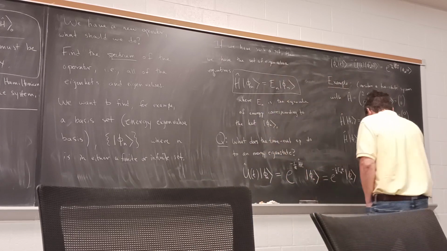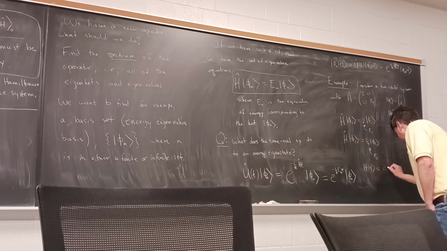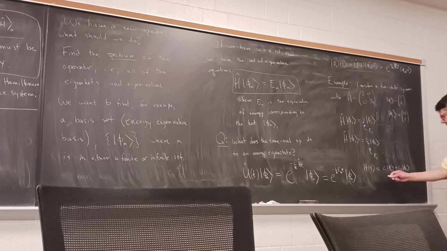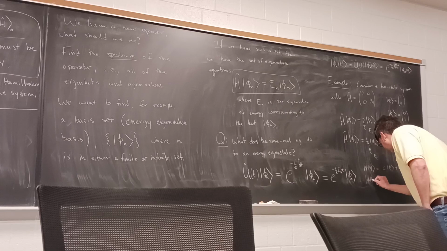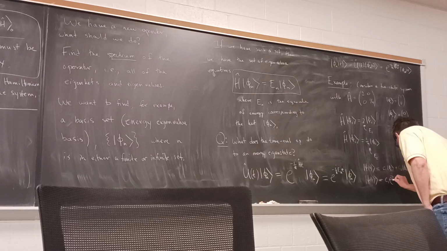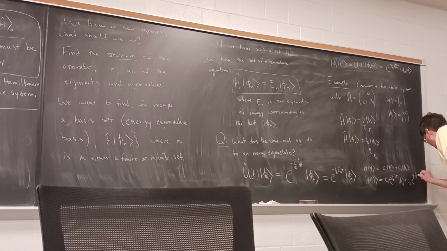If psi at time 0 was C1 phi 1 plus C2 phi 2, then psi at time t would be C1 e to the minus i over h bar times 2t phi 1 plus C2 e to the minus i over h bar times a quarter t phi 2. Okay?